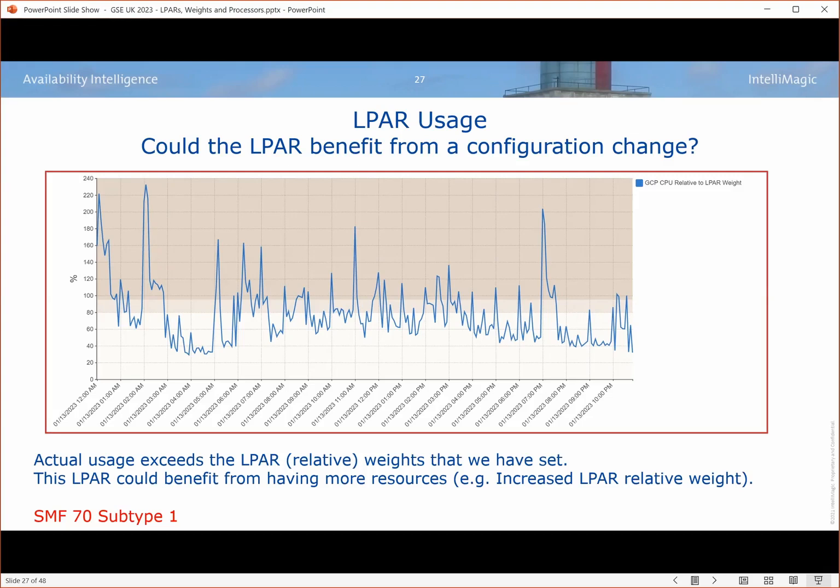When we get peaks above 100%, it means this LPAR, this MVS, is getting more resources assigned to it than we actually defined and want. It's getting them because the other LPARs aren't using them, so maybe that's not an issue, of course. But as far as the definition, this doesn't match what we want. So for me, this LPAR could potentially benefit from an LPAR weight increase, a relative weight increase.